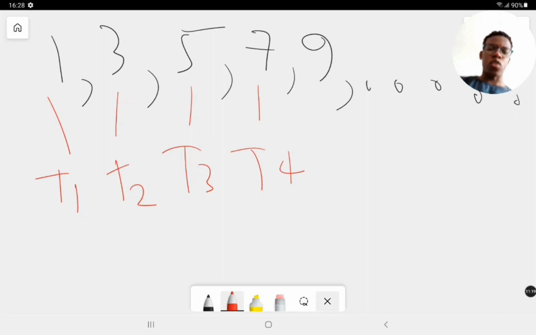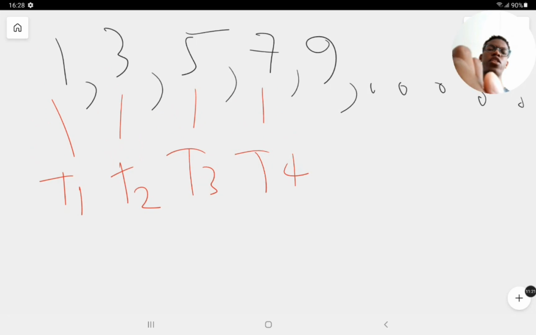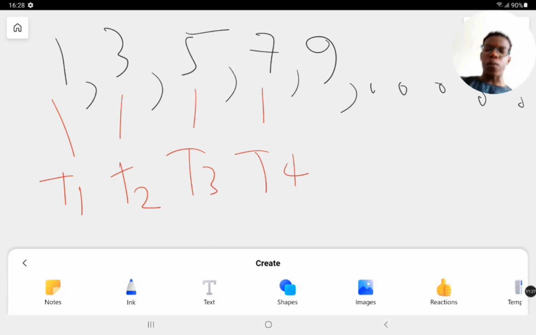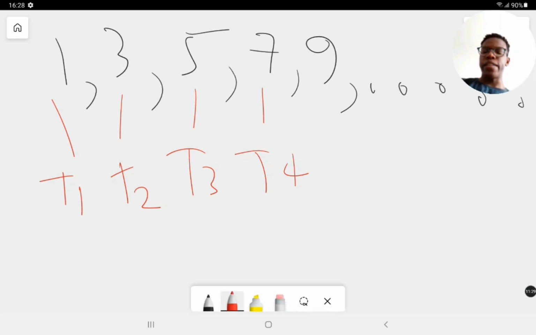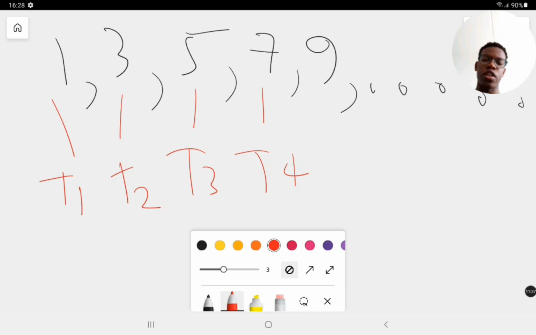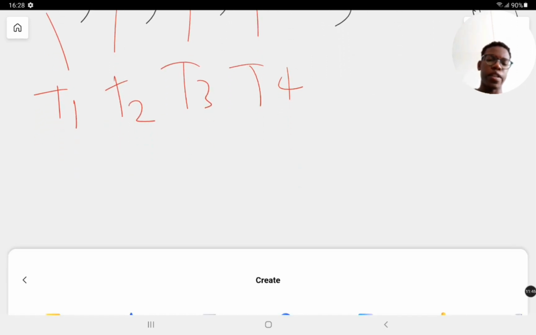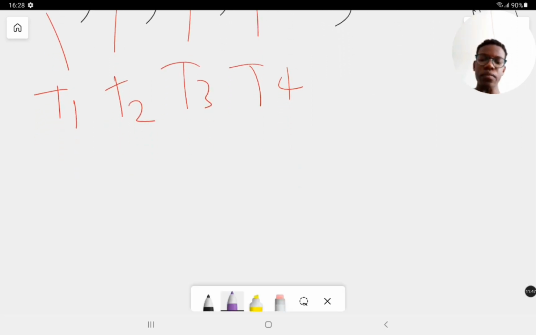So now, to determine the term that follows 9, you would find the common difference. What is the common difference? Well, the common difference is the difference between any two successive terms that follow one another. So I'm just going to choose randomly: the difference between T3 and T2.